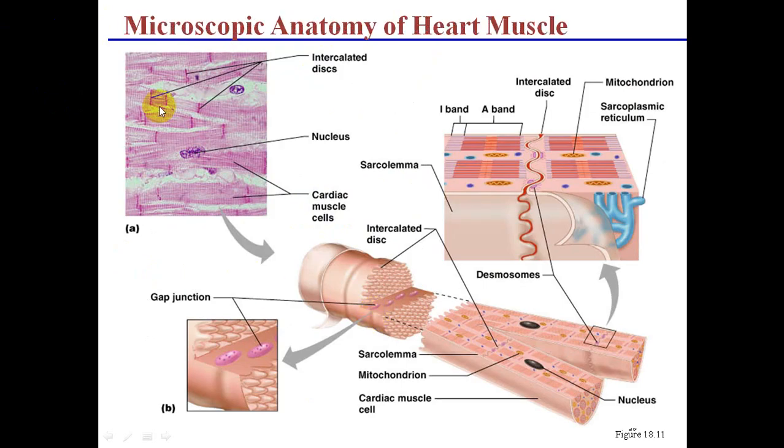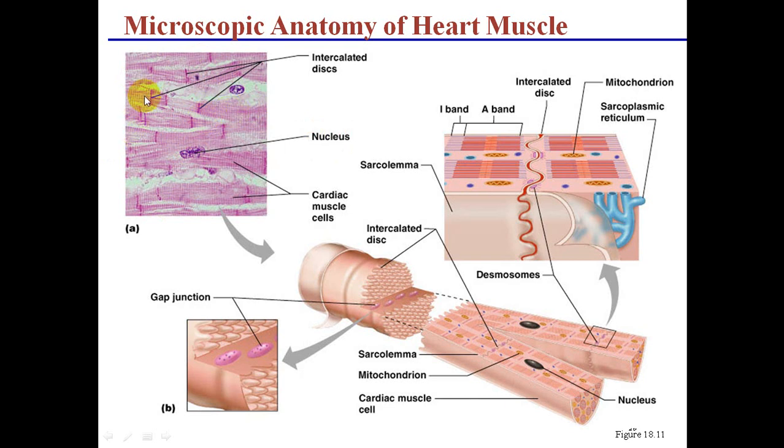Look at this, the anatomical characteristics of heart muscle. It is short, branched, and joined like lattice work, with one nucleus only, and this is the intercalated disc, as we say. It is not present in the striated muscles. And this intercalated disc makes the electrical activity pass easily from one cell to another.